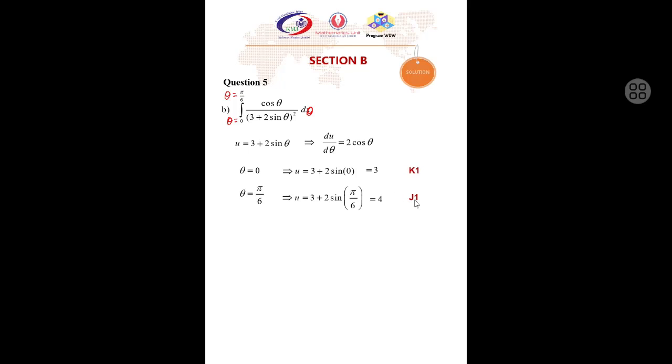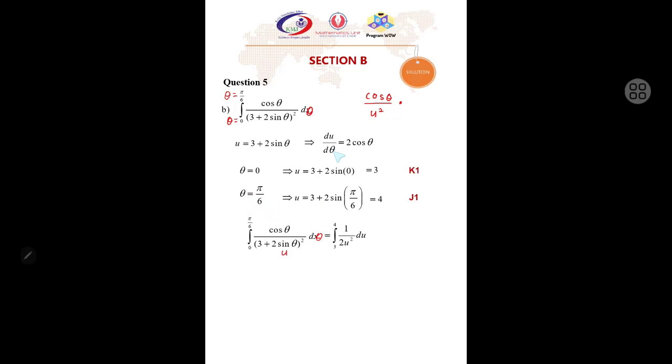So this is 2 marks, k1, j1. And then you change the form from in terms of theta to in terms of u. Here 0 becomes 3, pi over 6 becomes 4. Your cos theta here, you simplify. 3 plus 2 sine theta is u, so cos theta over u squared times d theta.